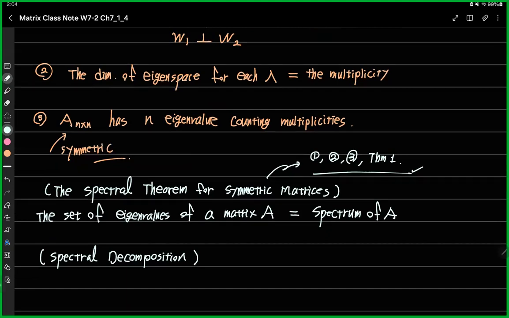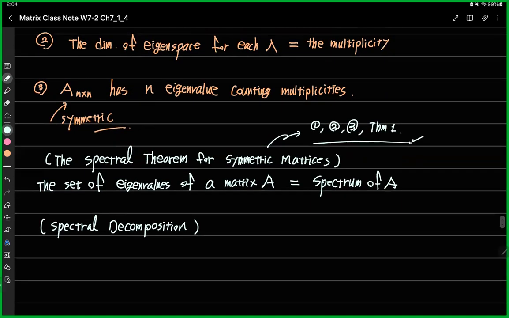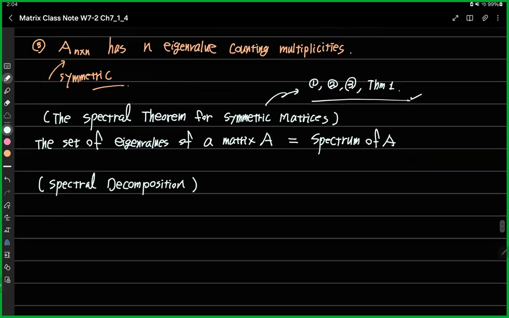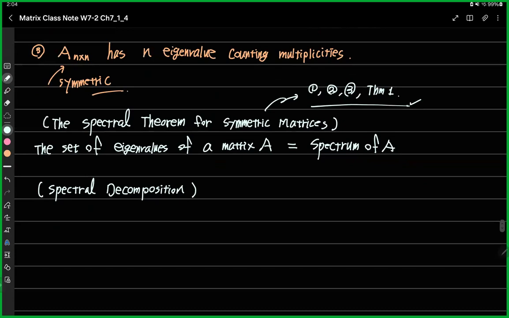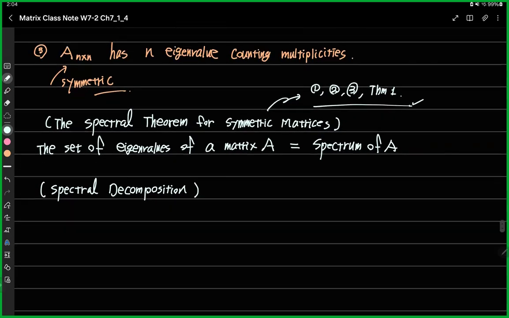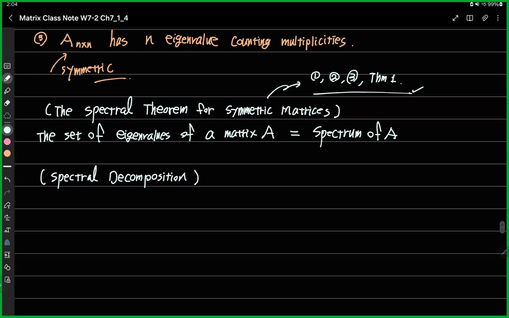So this is the spectral theorem for symmetric matrices, nothing but the summary of the characteristics of the symmetric matrix. Now we're gonna see spectral decompositions. So using these properties of the symmetric matrix, we can build up the decomposition technique.